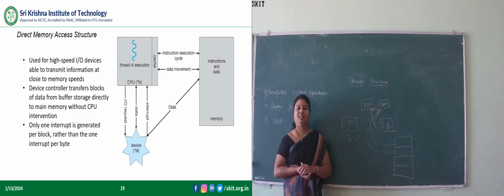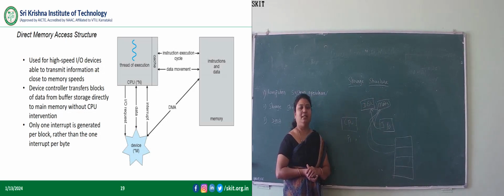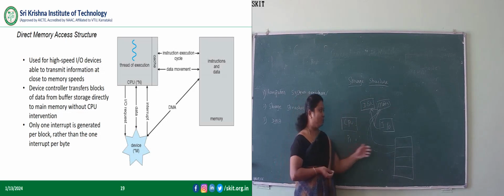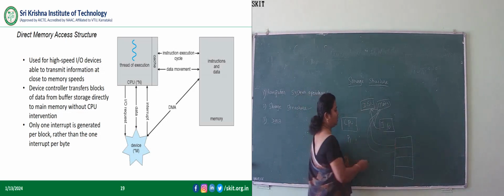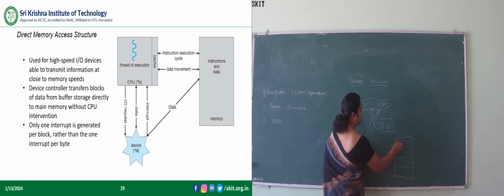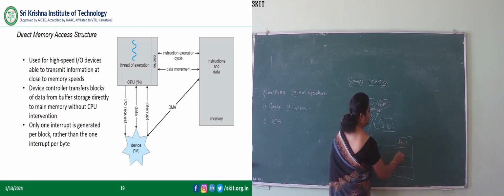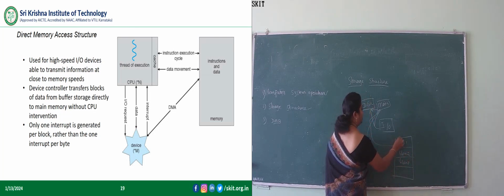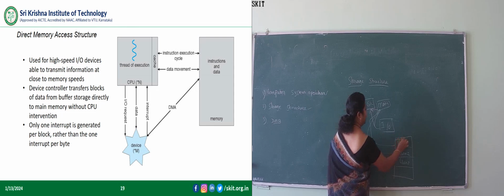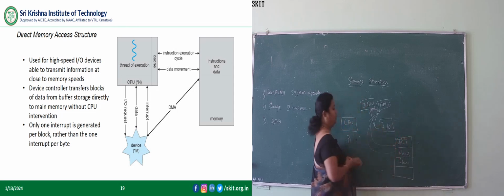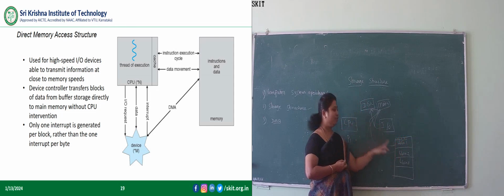Only one interrupt is generated per block rather than one interrupt per byte. So this is block 1, this is block 2, and this is block 3, like that. Instead of communicating for each byte of data, it will communicate to the CPU for each block of data only.